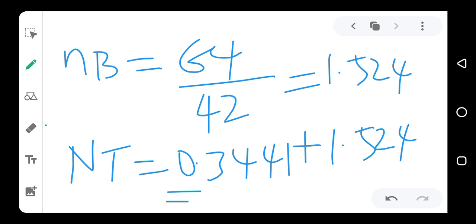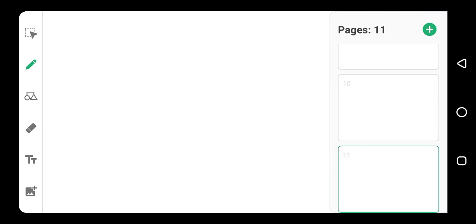Now this gives us 1.8681. So the total number of moles is 1.8681.